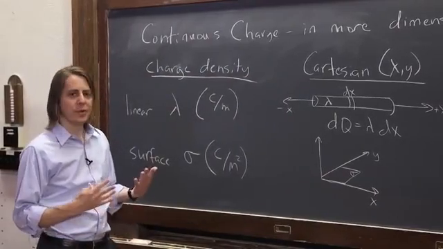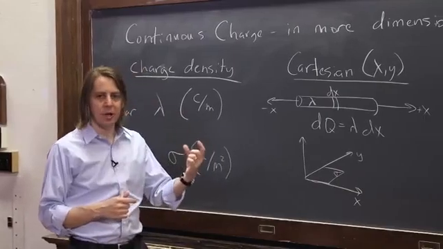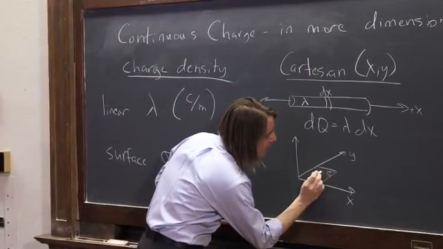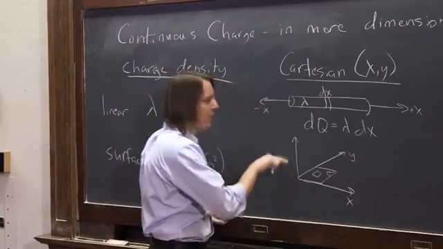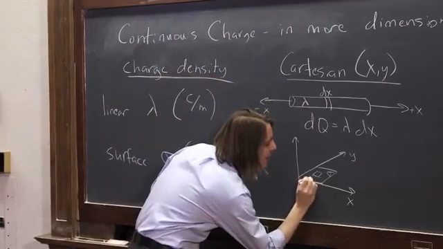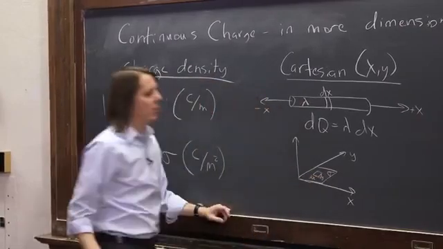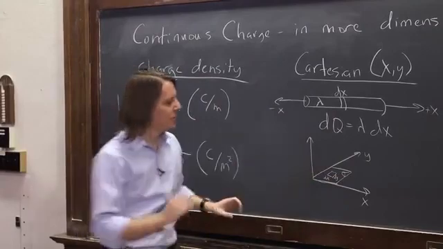And then you still need a differential element. Now in two dimensions, the differential element is a differential area. So in this case, the area would also be a little square like that. And its size is based on a little differential dx in the x-axis and a little dy in the y-axis like that. So we would just divide this up into a little differential area.